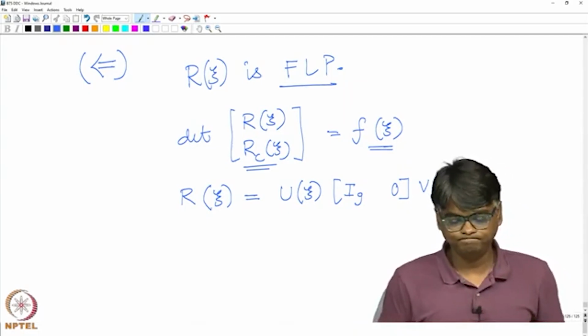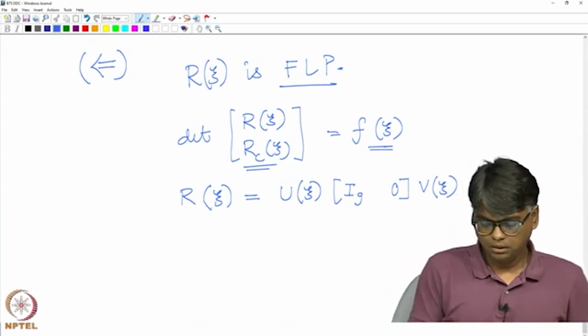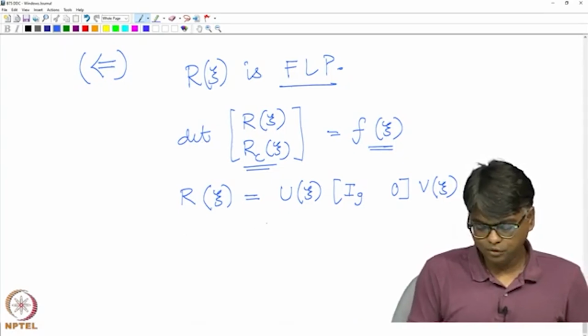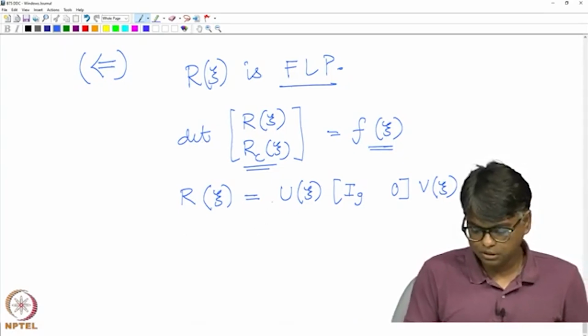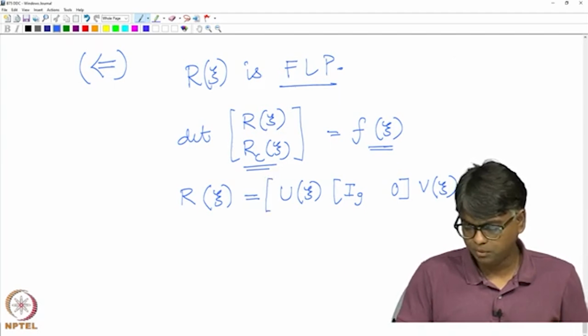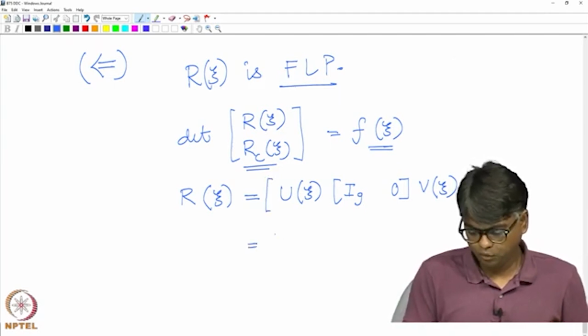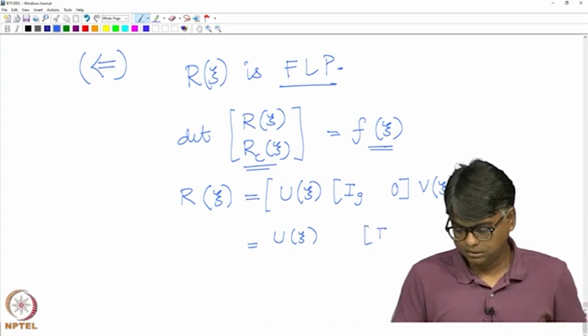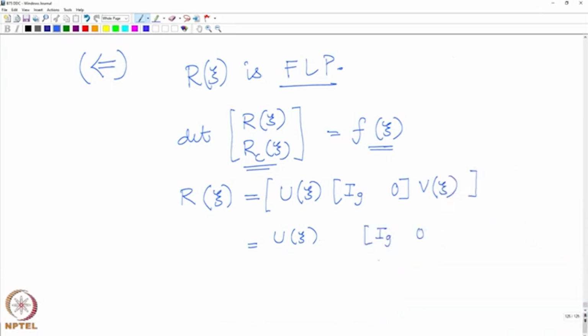Now to get RC xi, notice this guy. So I will just concentrate on this Smith form and do something about this. I will look at this U xi, I will look at this I g 0, and I will extend this matrix to have 0 I q minus g.